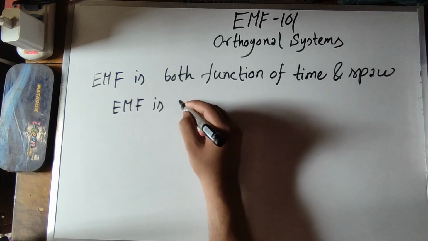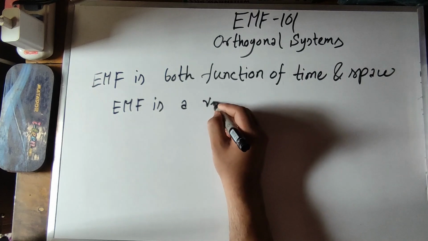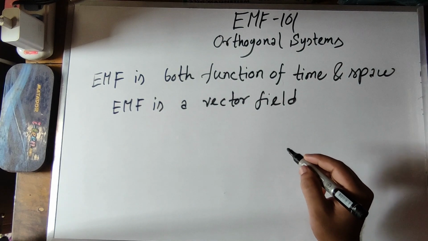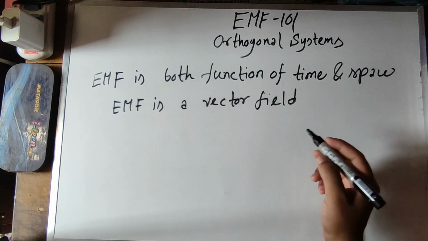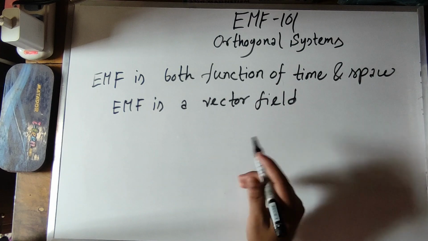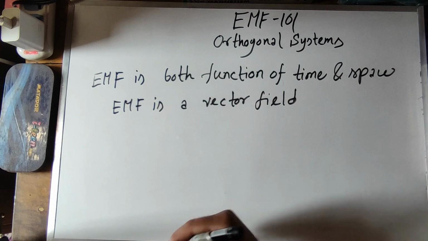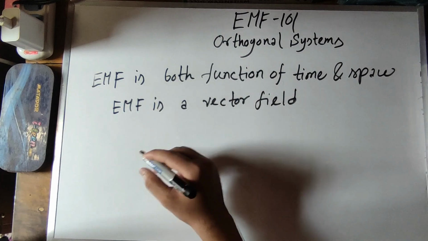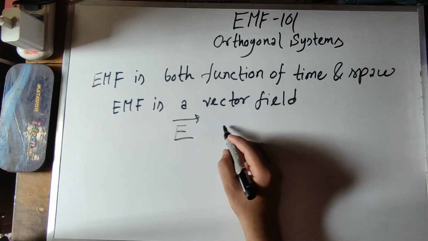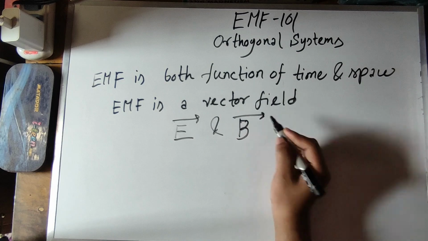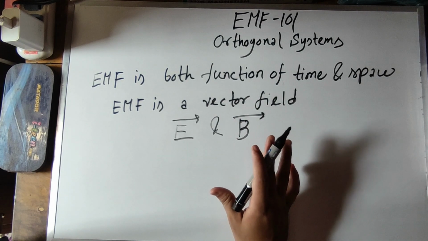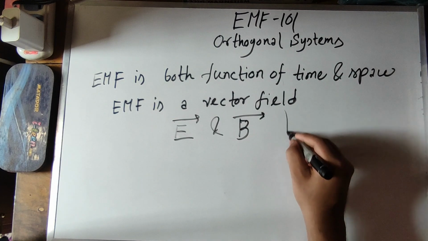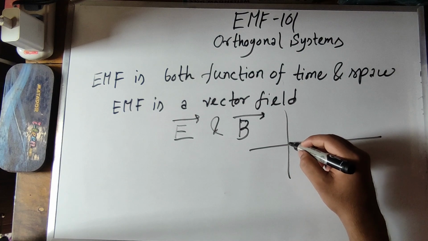The field in electromagnetics as a whole is a vector field, and there are two distinct but related fields in an electromagnetic field, the electric field and the magnetic field. These two fields are vectors individually also, and together they form the electromagnetic field.